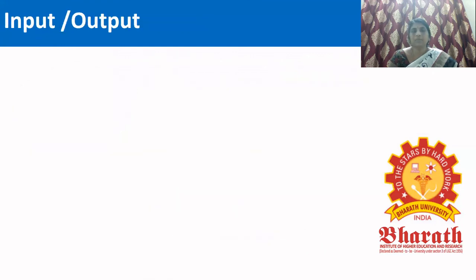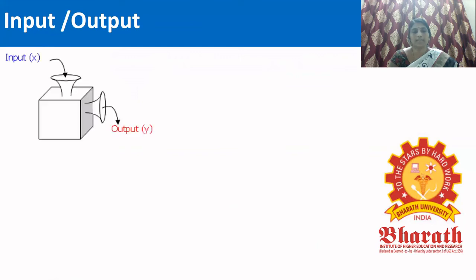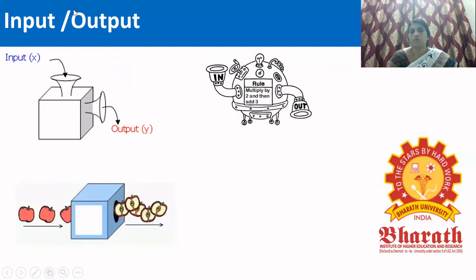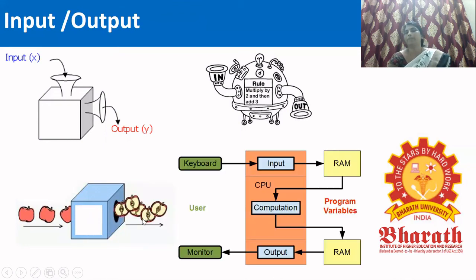Next, we'll discuss input output, which is one of the important sections of the C language. When you give input, you get output. Say this machine, when given an input, will multiply by 2 and then add 3. In the same way, if this is the process where I send apples and get half an apple.